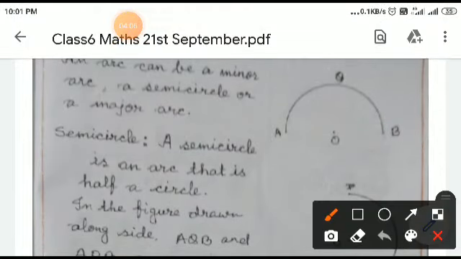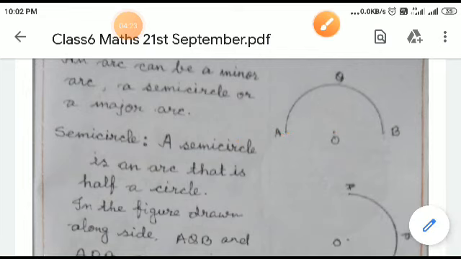In the figure, O is the center of the circle and the 2 points A and B are taken. If we join the line, we will see that A, O, B are on the same line segment.